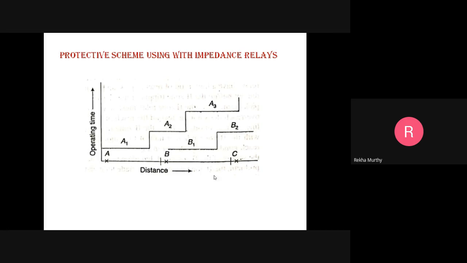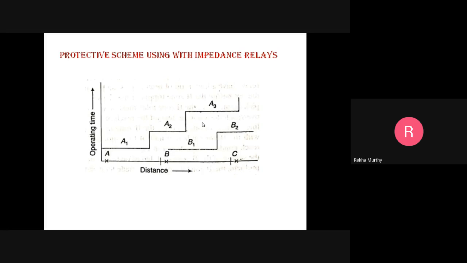Next is the third zone of protection. The third zone is provided for the backup protection of the adjoining line. Its reach should extend beyond the end of the adjoining line, allowing for the maximum underreach caused by arcs, intermediate current sources, or errors in the CT, VT, and measuring units.